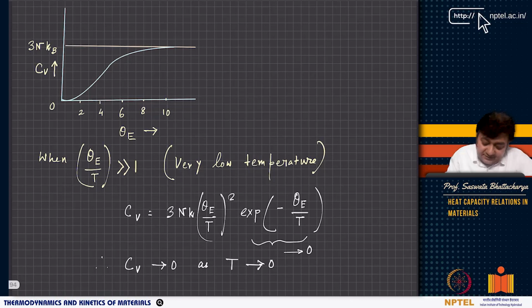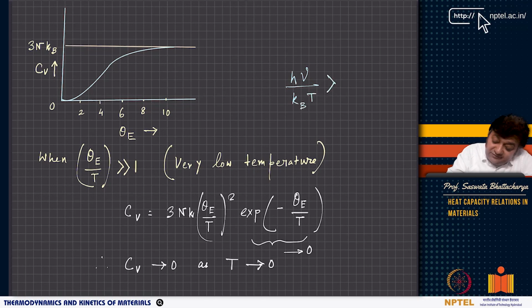What happens here is, theta E by T means h nu by kB T. When it is large, obviously you can understand that T is very small or very low, right?